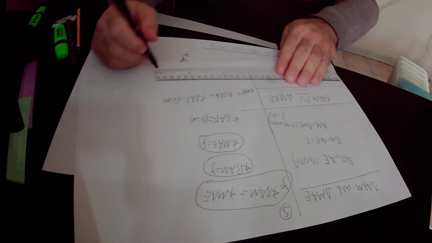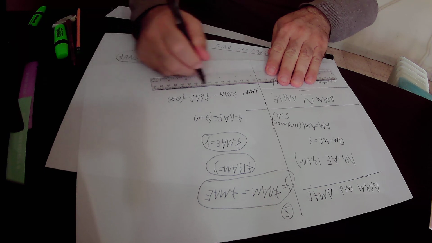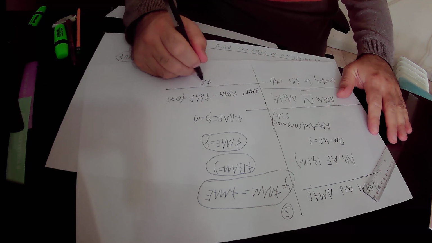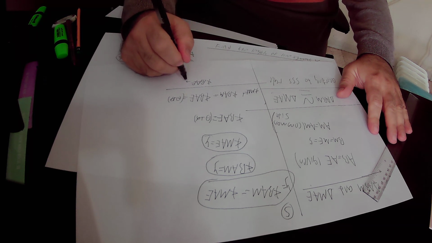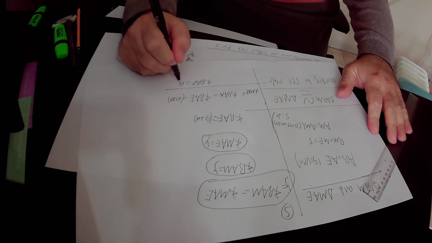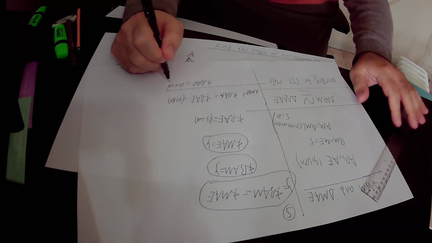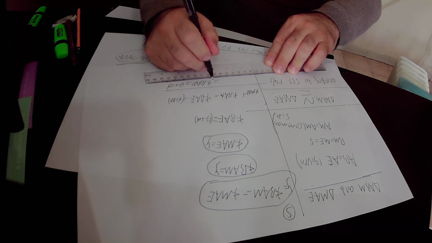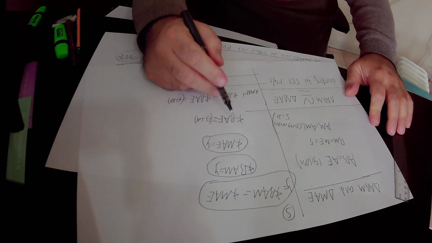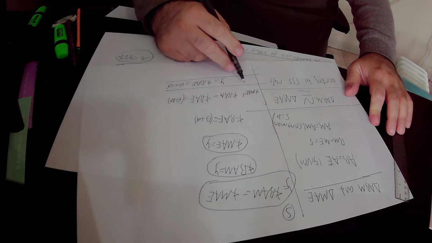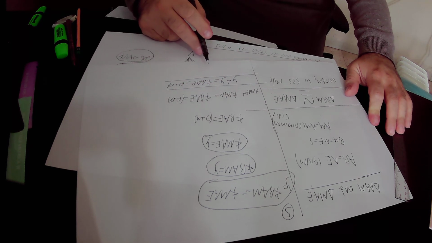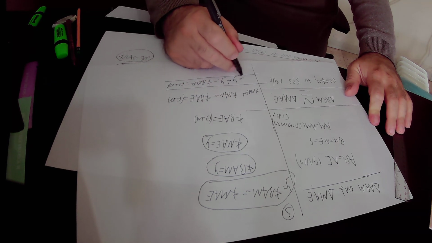So actually, angle BAE from one side equals theta plus alpha, and from the other side it equals angle BAM, that equals Y, plus angle MAE, that is also equal to Y. That is to say, it equals Y plus Y, that is 2Y.